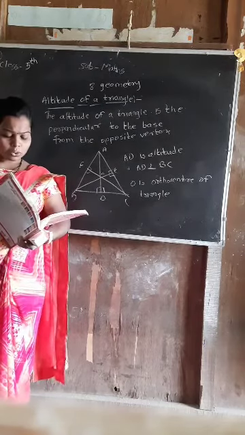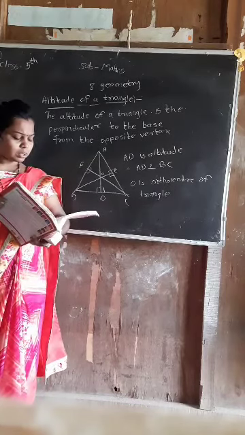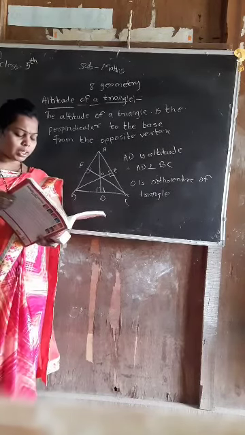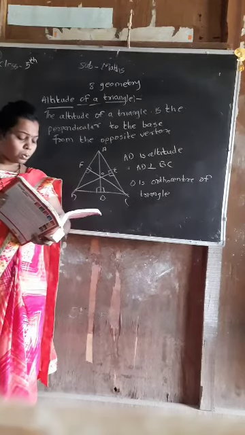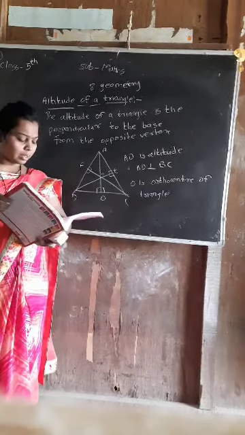Altitude is also known as vertical height. Altitude may be inside the triangle or outside the triangle.